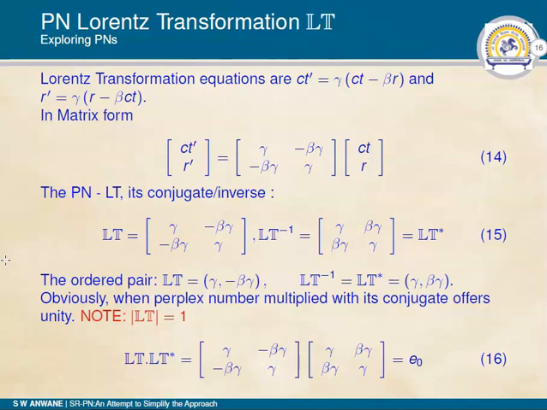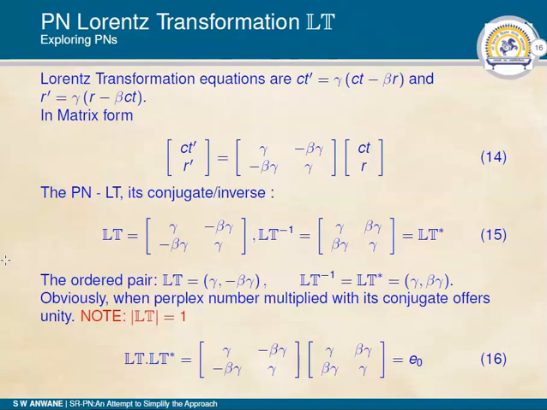This is essentially the complex conjugate of the Lorentz transformation. So we have the Lorentz transformation expressed as a perplex number, which can be mingled with the event in special relativity to obtain the event representation in another coordinate system, which is for an inertial observer.